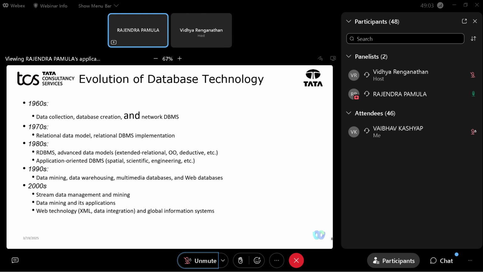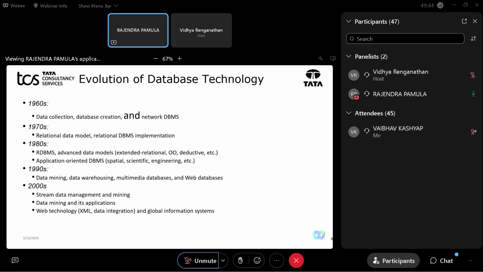Then in the 1970s there was the relational data model, and then relational database model implementation, and then relational database management systems, which extended the relational model, like object oriented, and application oriented DBMS, like spatial, scientific and engineering. And in the 90s, data warehousing, data mining, multimedia databases, and web data. These are all included in the 1990s.